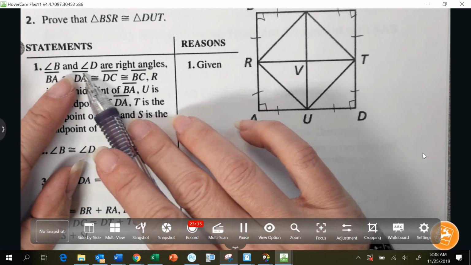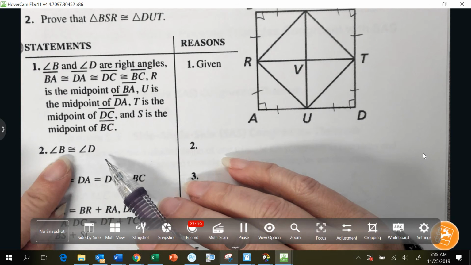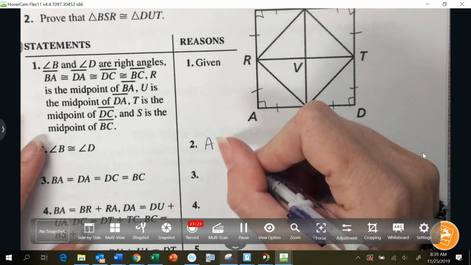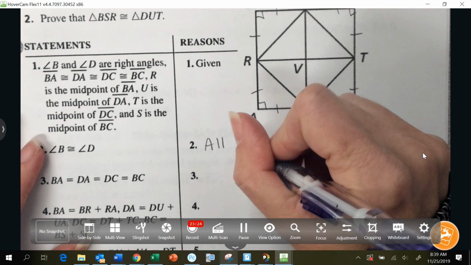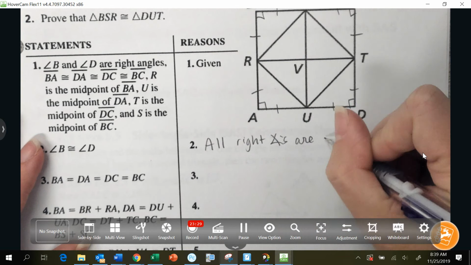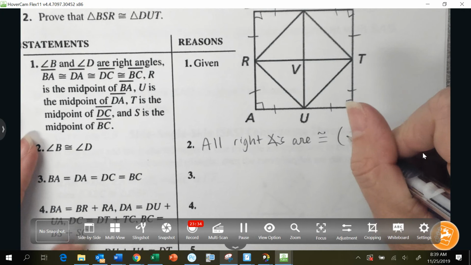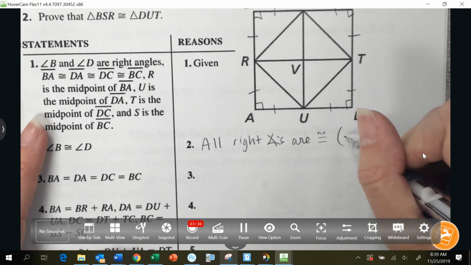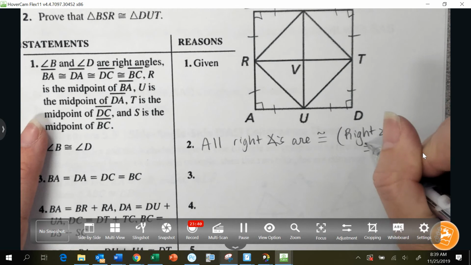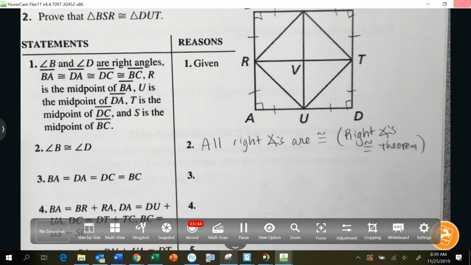Here it says they are right angles. So why are they congruent? All right angles are congruent. It's the right angle congruence theorem. I'm writing all right angles are congruent because that's what I always wrote and that's what I'm used to, but it's the right angles congruence theorem. You don't need to put both, just put one of those.